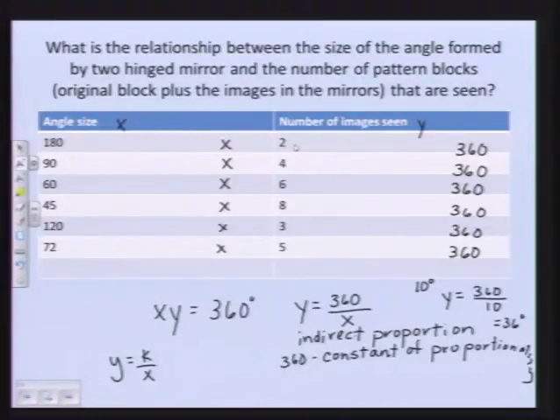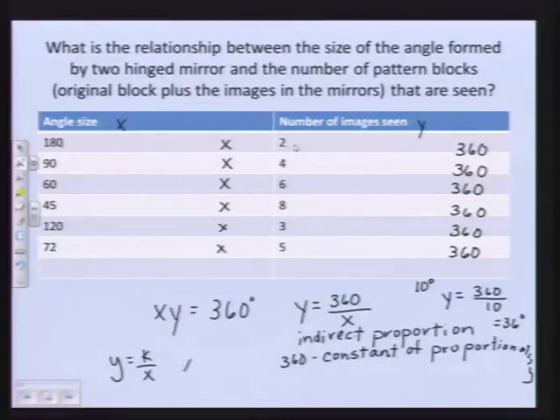So how was it that we saw that we would have an indirect proportion or an inverse variation problem? What we saw in the pattern is that the two variables, x and y, are always multiplying together to give us the same constant.